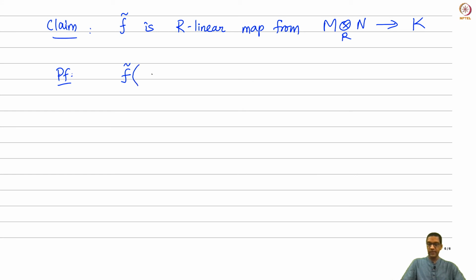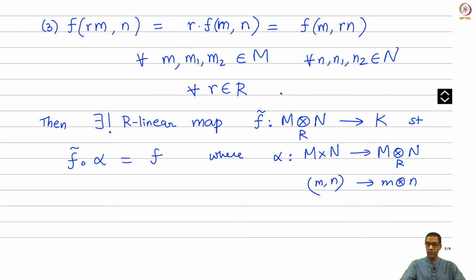Let me take a typical generator M tensor N, and I will hit it by R and see what I can get out of it. Okay, so this by definition is f tilde of, so how do you take M tensor N and multiply it by r on the left? What's the R module structure? This is what we looked at in the beginning.